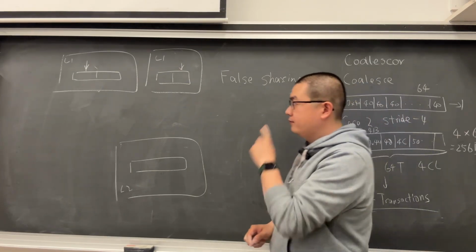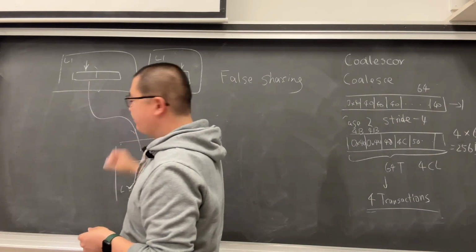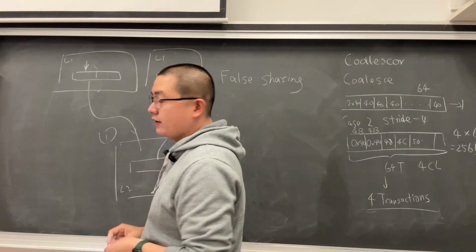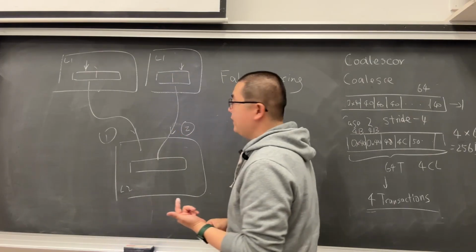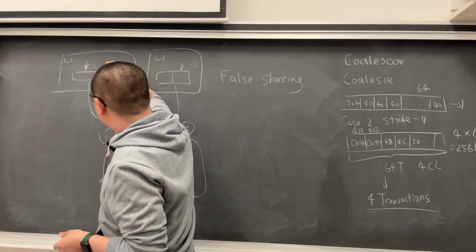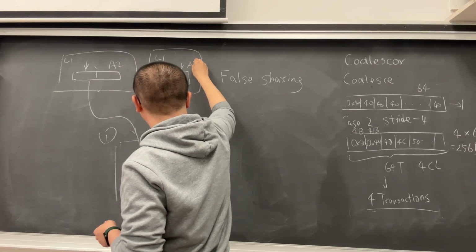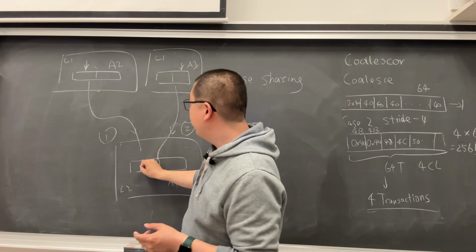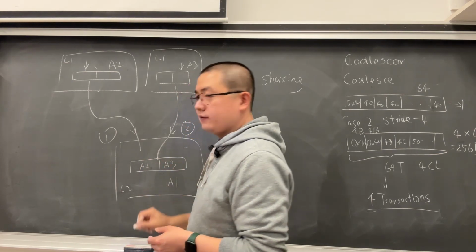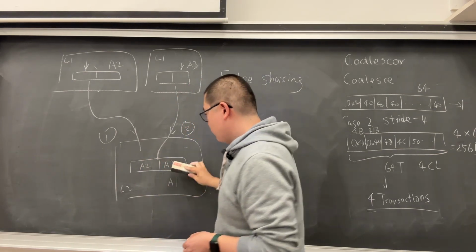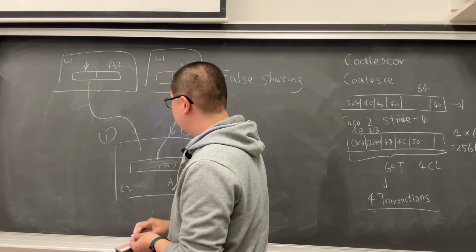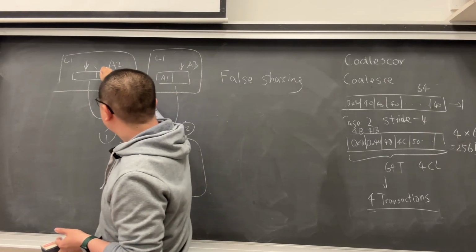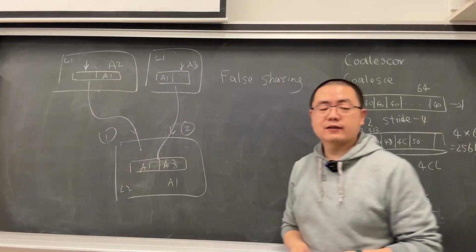So let's say you have write through, this first write through, this second write through, right? What will happen is, let's say this is A2 and this is A3, then this is A1, right? Ideally, we wanted to have A2 and A3. But if we don't do anything, what will happen is A1, A3, because here is the second half of A1.